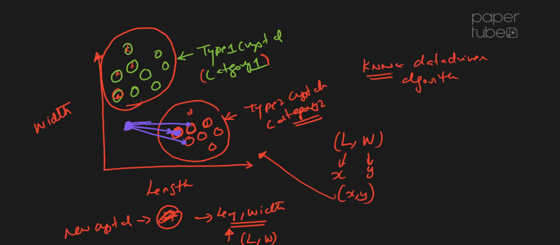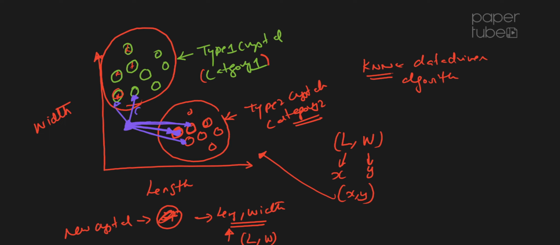So you have the distance between this point and this point, and we'll also calculate the distance between the new data point and some point that exists in the category 1 cluster, and then another point that exists in the category 1 cluster.